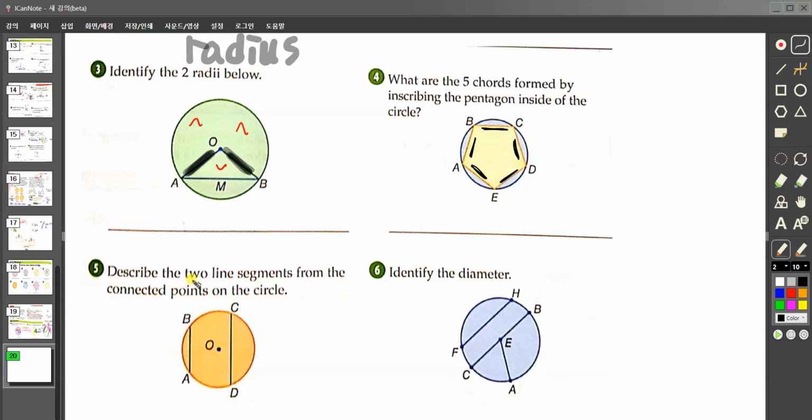Describe two line segments from the connected points on the circle. The points on the circle, then the connected line.